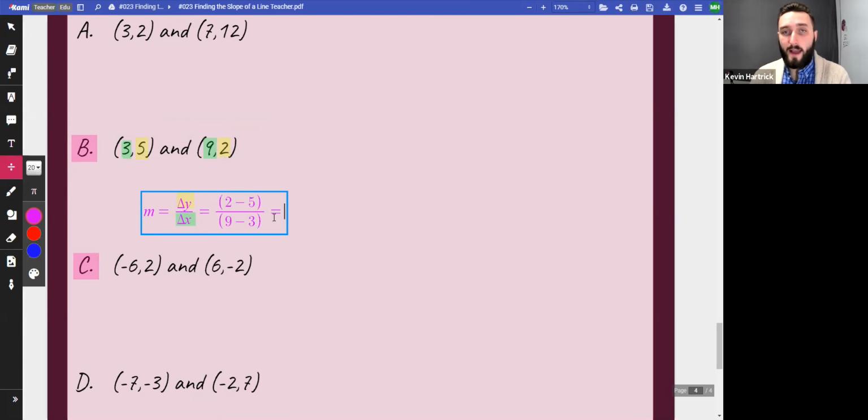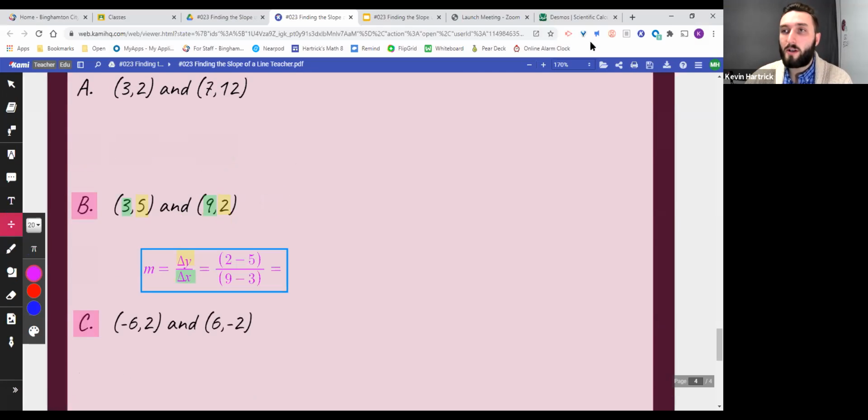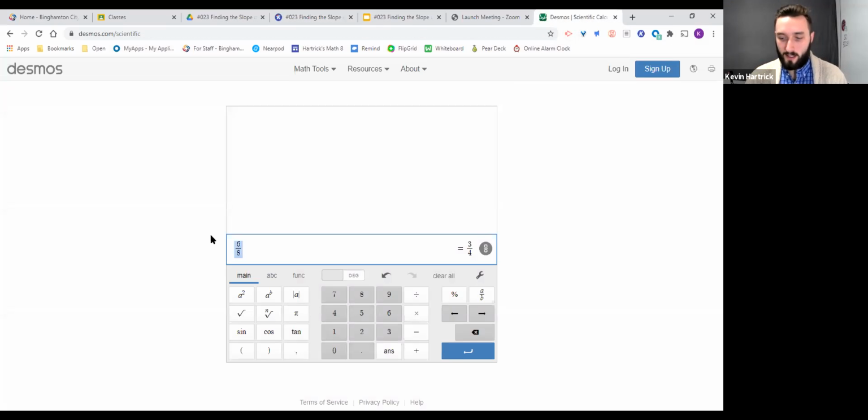Okay. Now I'm going to use my algebra skills and simplify this. So we know that you have to do anything in parentheses first. So these subtractions have to come first before this fraction bar, which means division. So 2 minus 5. Now, here's where you're going to want to make sure you check everything in your calculator, because you could easily say, oh, 2 minus 5, that's 3. But remember, order matters in subtraction.